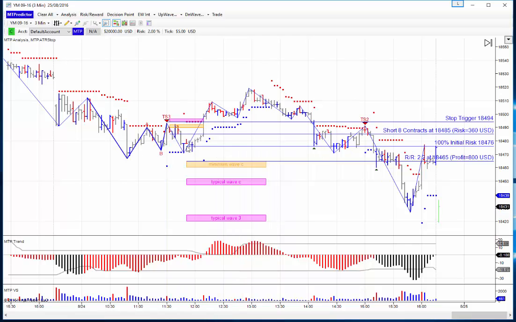This went past the 100% initial risk level, so you may have had your stop at break even, but let's take a worst case scenario and again assume that it would be stopped out as well. Again, using correct position sizing, can you see how this time it would have only been 8 contracts to keep the initial risk again constant at less than 2% of a sample $20,000 account. So that would have been another minus 1R.